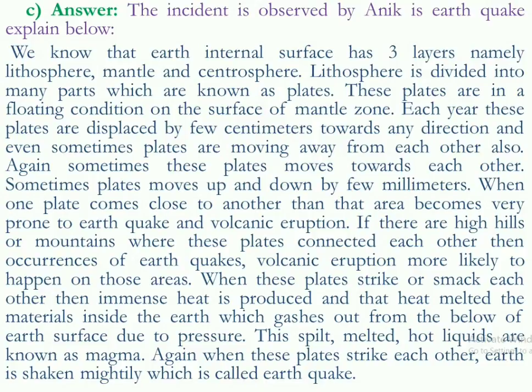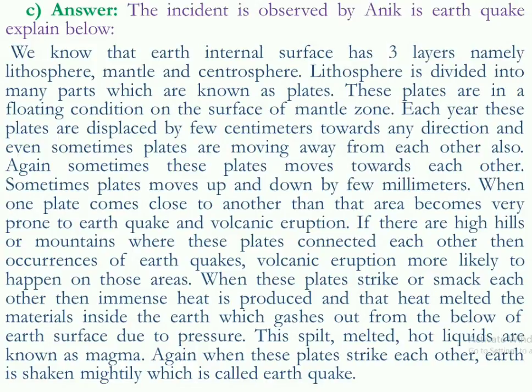When one plate comes close to another, then that area becomes prone to earthquake, because if they strike each other, then it becomes an earthquake. Even for this strike, there can be volcanic eruption. If there are high hills or mountains where these plates connect to each other, then earthquakes and volcanic eruptions are more likely to happen.